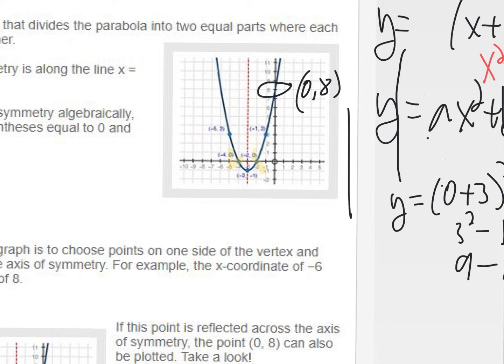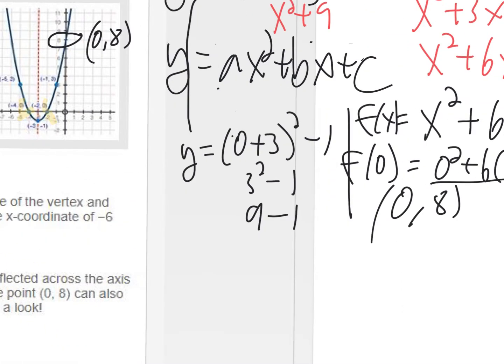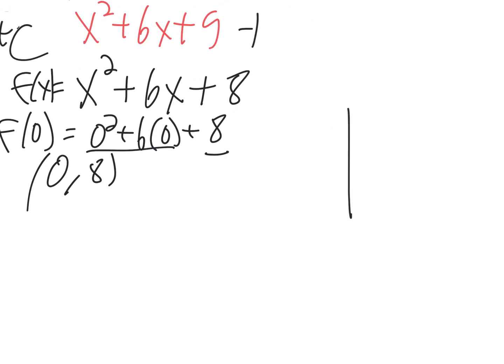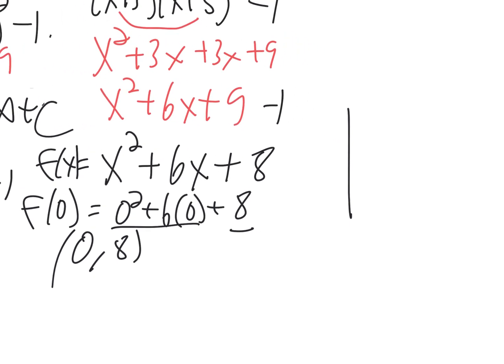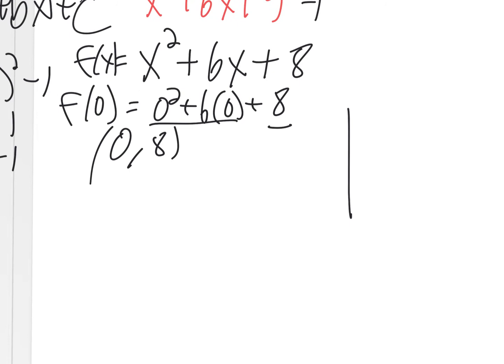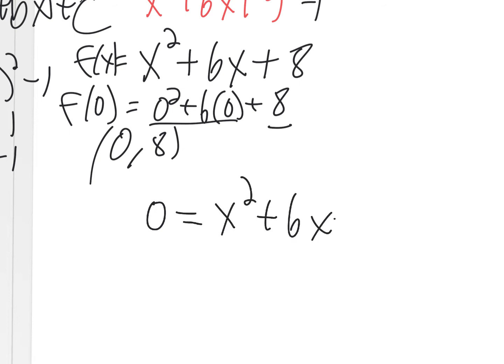So when we're given the equation and we have to find out where, what I'm going to do is solve the equation 0 equals x squared plus 6x plus 8. You see how I brought that down? So how does that work?